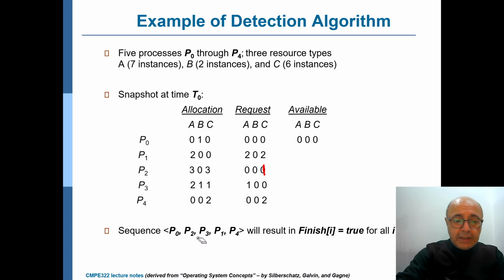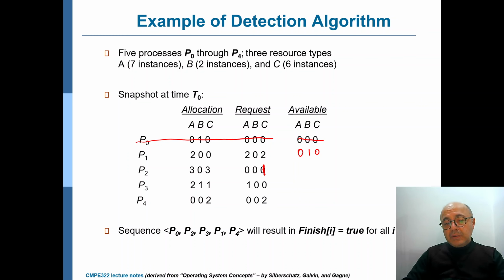Let's see. Again, P0 can complete, so the available becomes 010. Now, is there another process that can complete with available vector as 010? Not P1 because it requires 202, not P2 because it requires 001, not 010, not P3 and not P4.